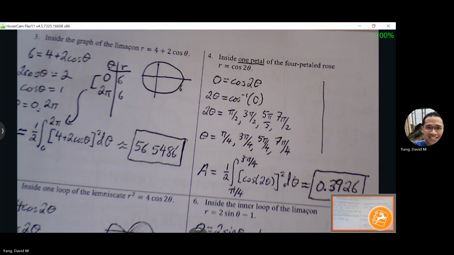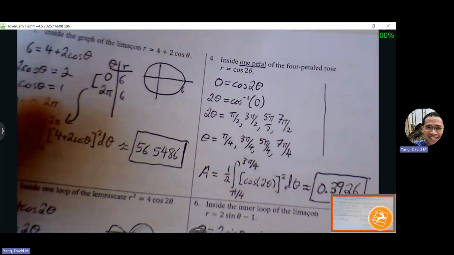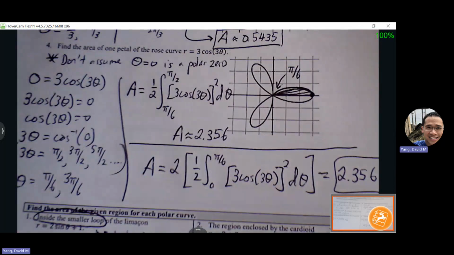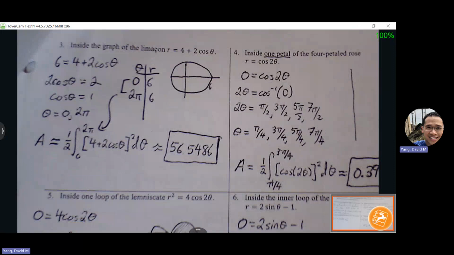Yeah. Which one? It's like number one and number two. I see an inconsistency. Number one, I don't know why these are equal to zero.